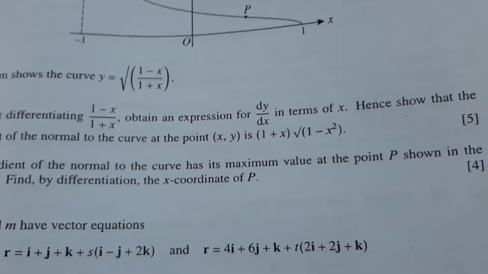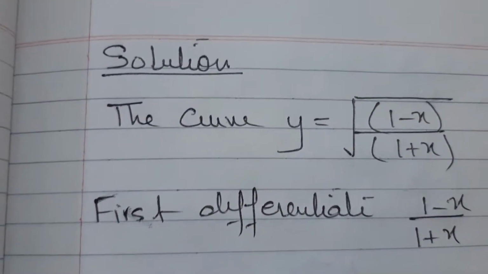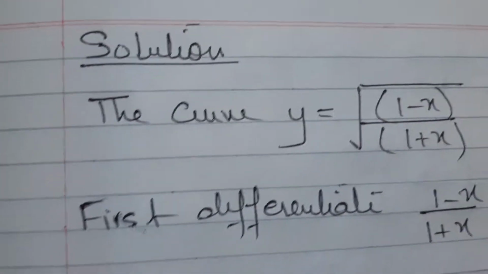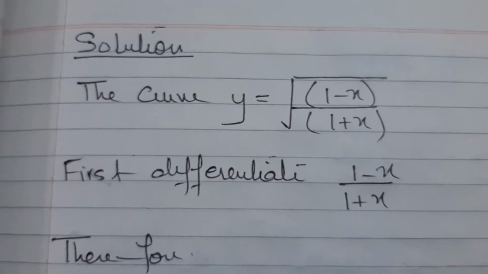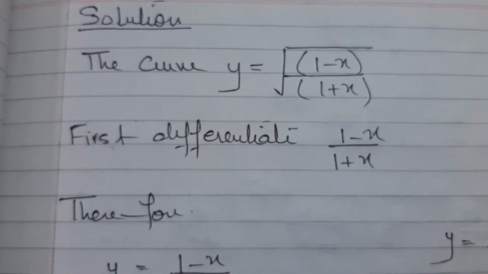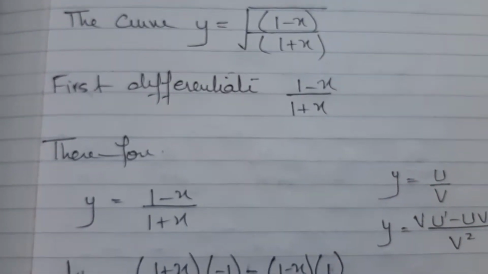So let's see how we will start, with the first part first. The curve equation was given to you, root of (1 minus x) over (1 plus x). You have to differentiate (1 minus x) divided by (1 plus x) without the root, so you will simply apply the u over v formula.